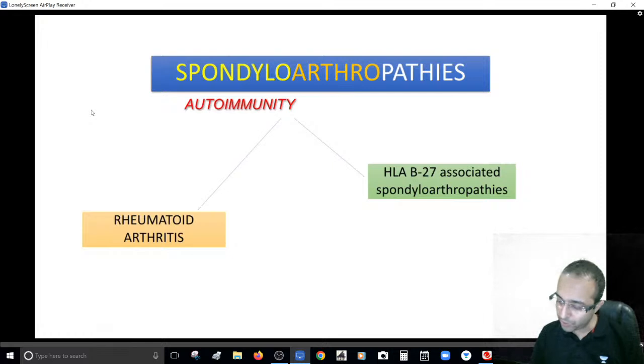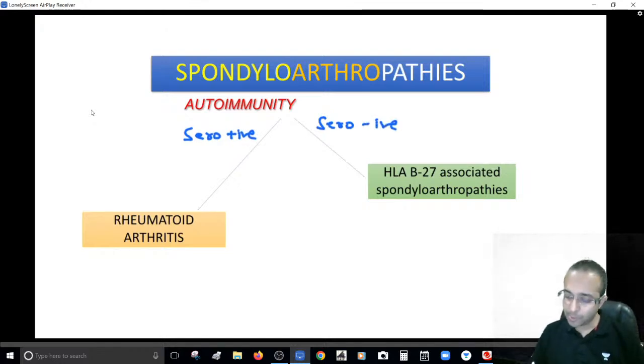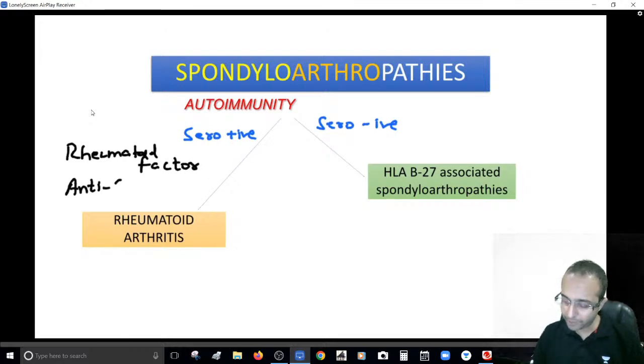So I was telling you that the spondyloarthropathies, you have seropositive and you have seronegative. And in the seropositive spondyloarthropathies, you know the autoantibody like the rheumatoid factor or the anti-cyclic citrullinated peptide antibody.